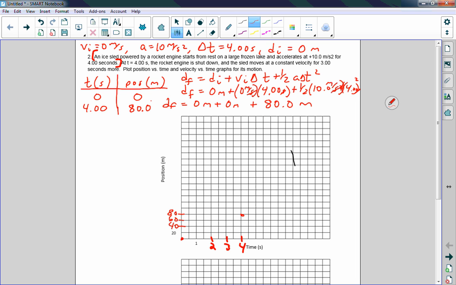And when something is speeding up, which this sled is, it is going to start off with not a very steep slope. And then it is going to get steeper and steeper. And it is having a positive velocity as it goes, because it's got a positive acceleration and it started from rest, so it's going to keep adding positive velocities.